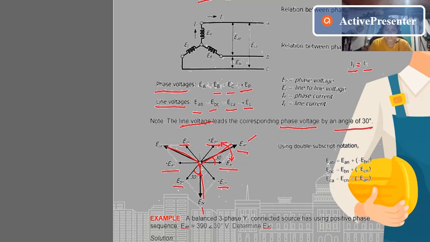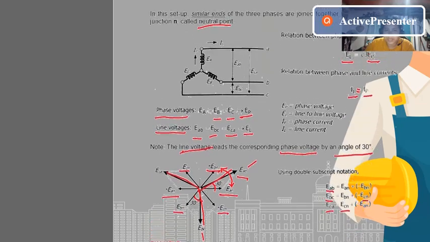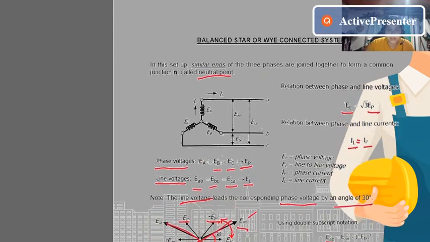So, atong EAB, naa man tay neutral, plus siya sa negative, ang opposite sa BN. So, we have here, and for our EBC, same ra gihapon, EBN plus negative sa CN. And for ECA, we have ECN plus negative EAN.